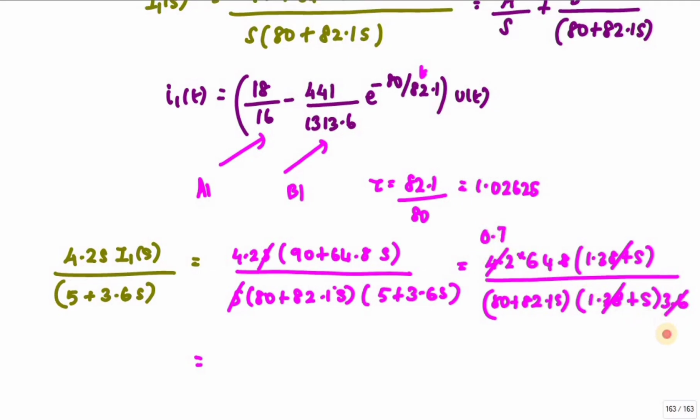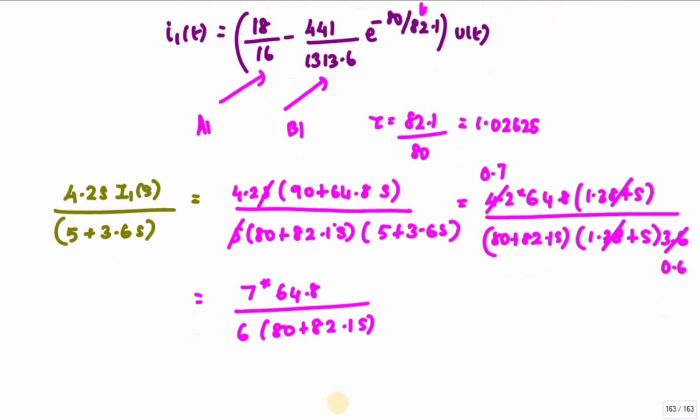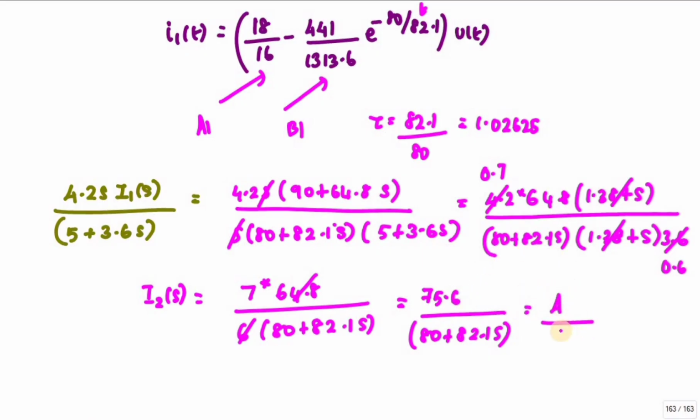These two get cancelled out, so I will get 0.7 into 64.8 divided by (80 plus 82.1 s). That is your I2 of s value, equal to 75.6 divided by (80 plus 82.1 s).